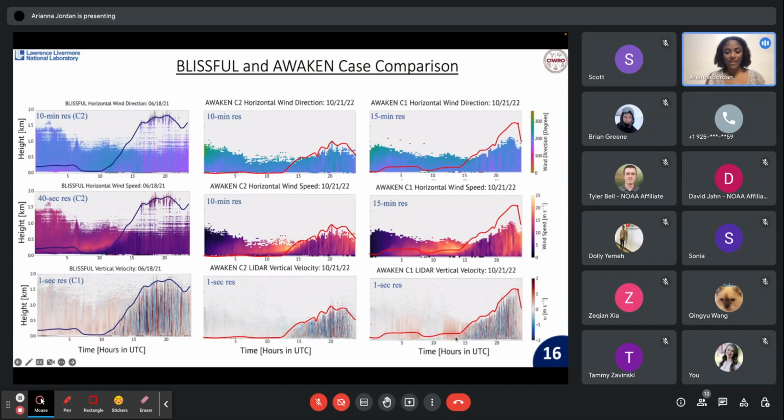As far as the nocturnal mixing goes, it's difficult to measure the nocturnal properties of the boundary layer, but I did add maybe a little bit of higher heights in these areas, just in case, even though in the Blissful case, it isn't really clear that that's what's causing this elevated area.